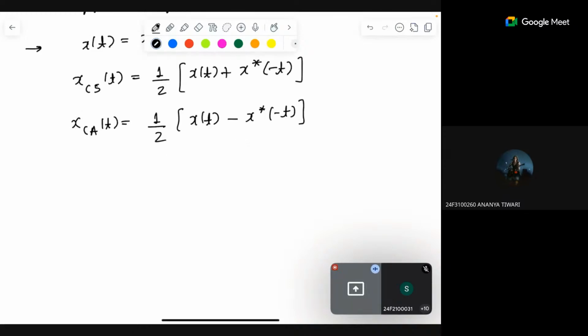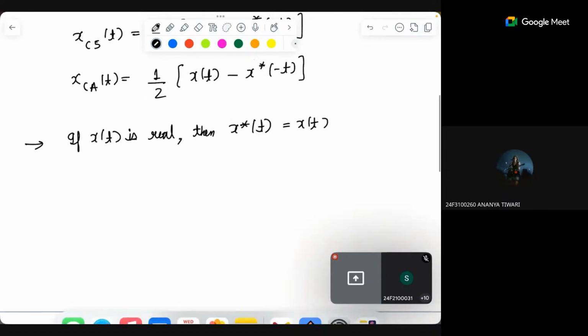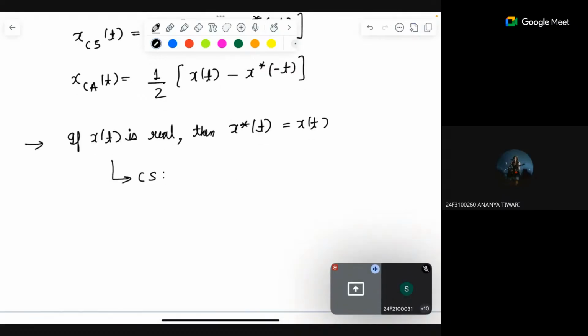Now if a signal x of t is real, then x of t will be equal to its conjugate. So in this case, conjugate symmetric will become even, and conjugate asymmetric will become odd.